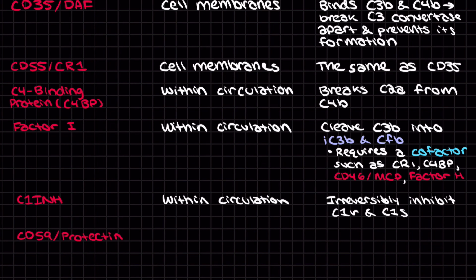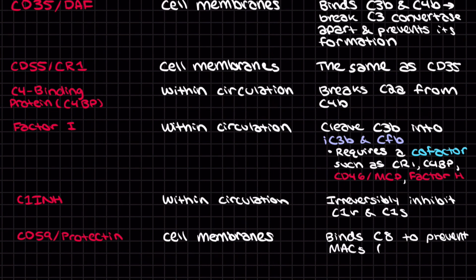Protectin is found on cell membranes and its job is to bind C8 to prevent the formation of membrane attack complexes, to prevent MACs from forming.